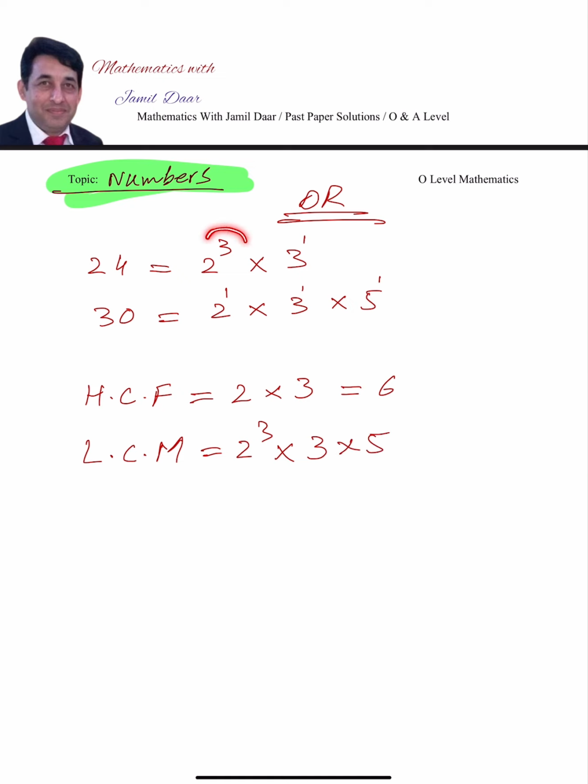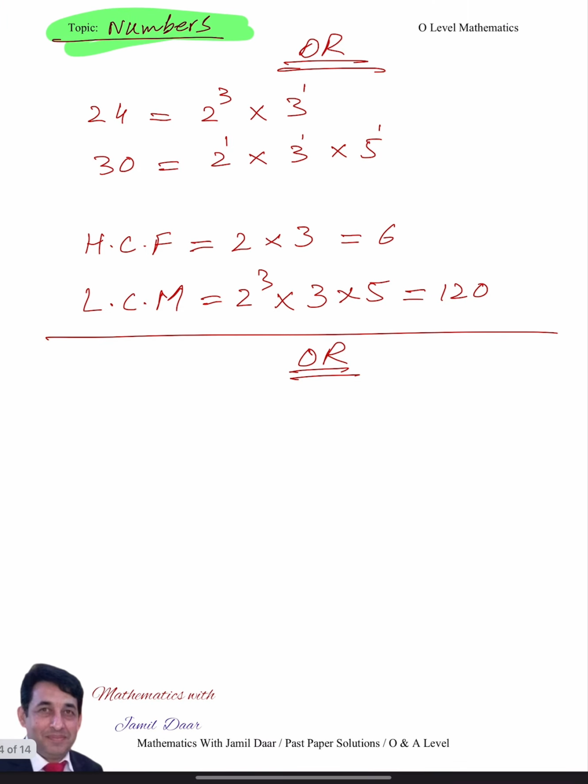They take the higher powers of the commons and non-commons. So this becomes 120.